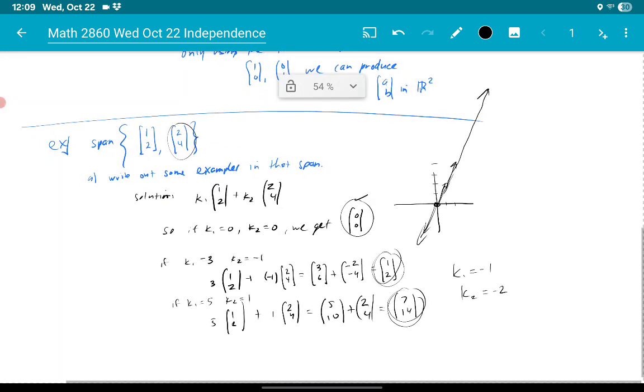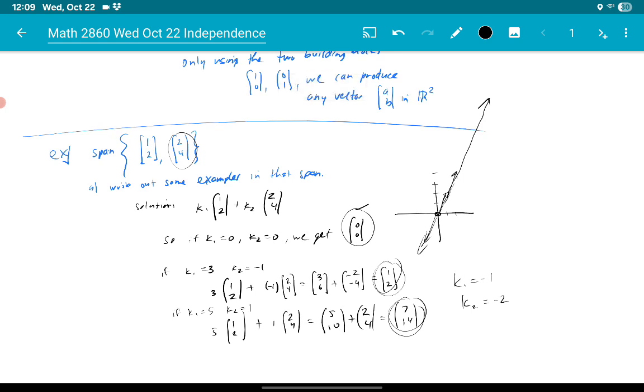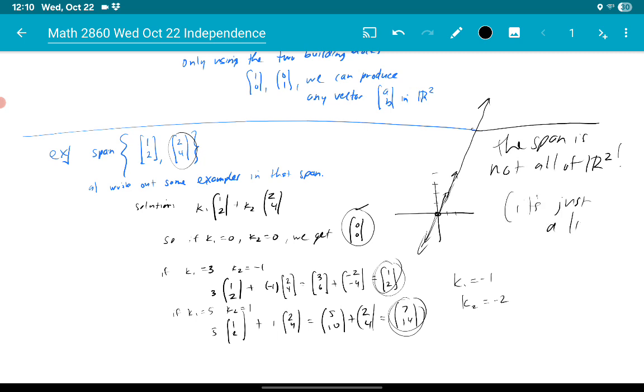So you might notice that the span of these two vectors does not equal all of R2. The span in this example is not all of R2. It's just a line through the origin in R2.